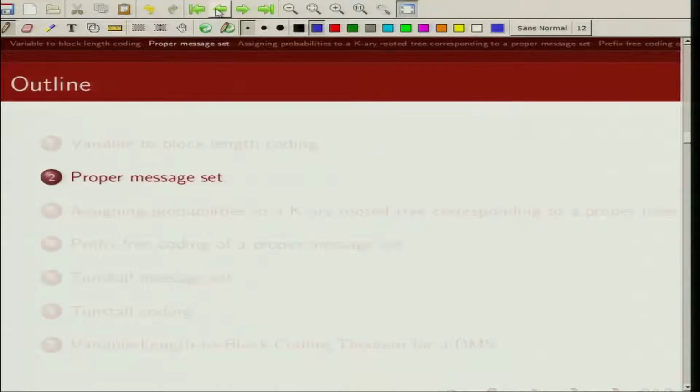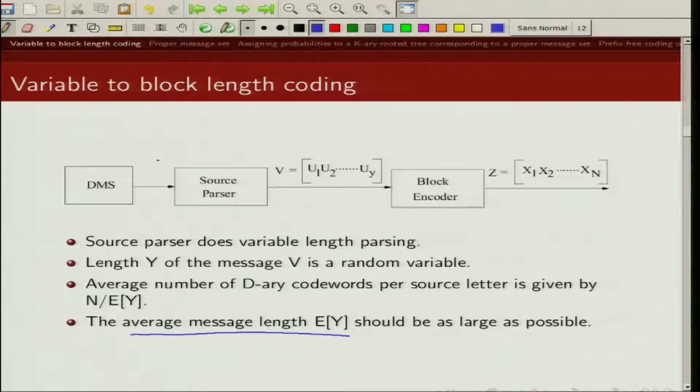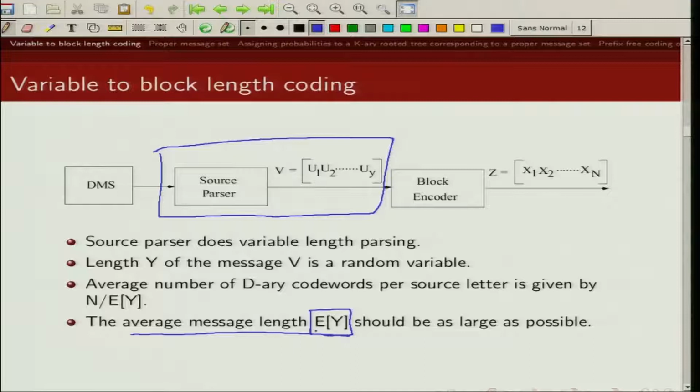Again, recall, basically our objective is to design this. We have a bit stream coming in. We want to divide that bit stream into blocks of data. Now how do I do that? How do I parse the source into blocks of data? And of course, remember that my objective is to maximize the expected value of y, because my code word length n is fixed.